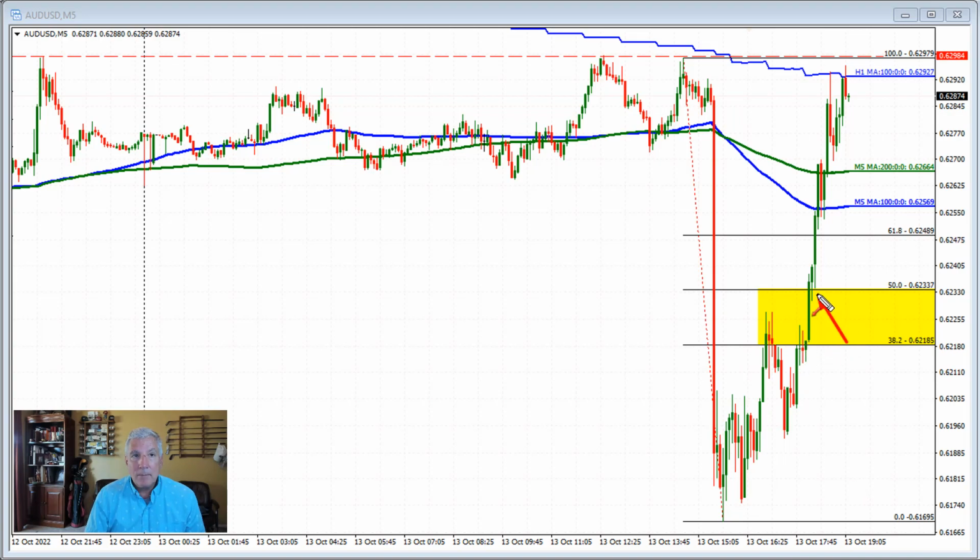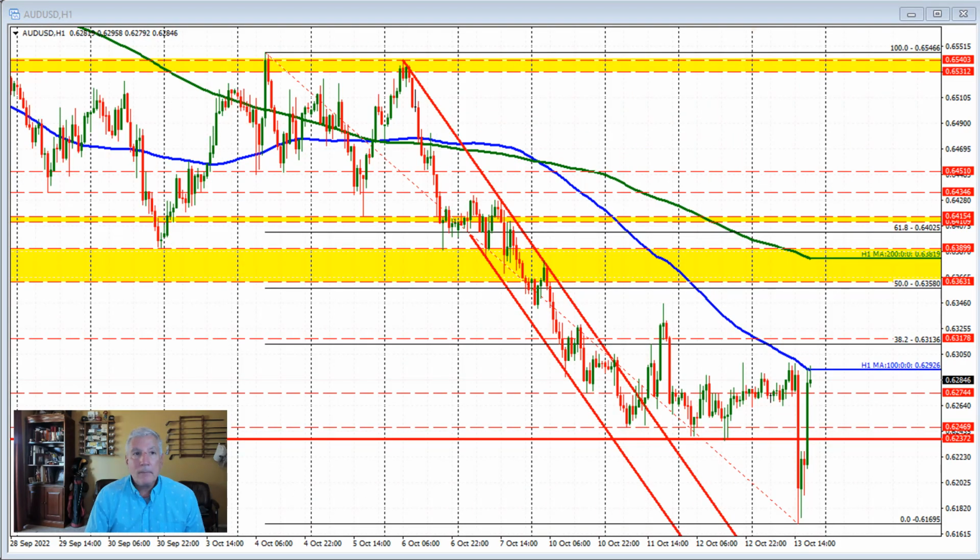Well, what happened? The price started to move above the 50% retracement, and then we based against that level, and lo and behold, we raced to the upside, and we are stalling right near the 100-hour moving average now, near the 0.62927 level. We'll take a look at that chart here. There's our 100-hour moving average. So a full lap to the downside and back to the upside here for the Aussie versus US dollar.